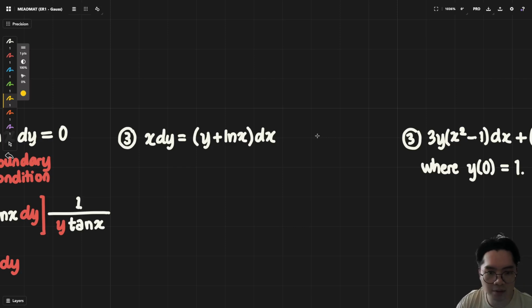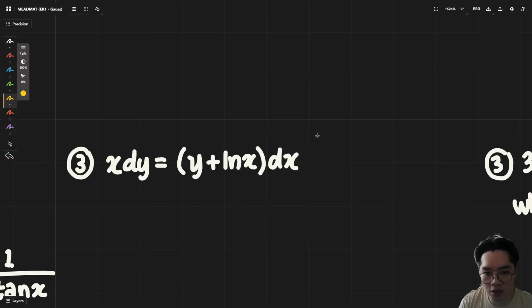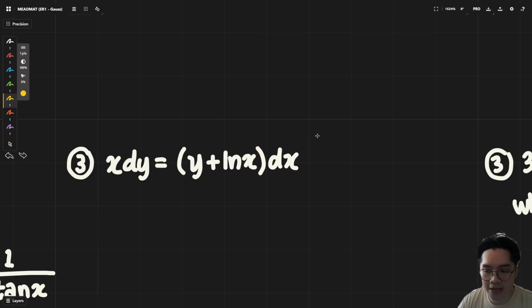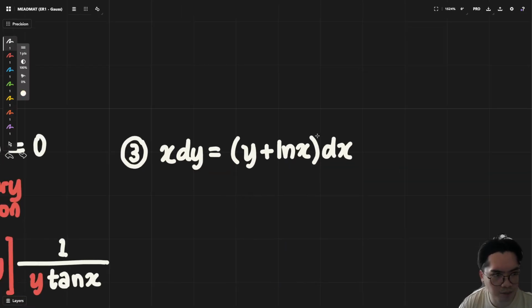Why is it not possible? Because if you're going to treat your x as your dependent variable, you will have here something that invalidates the linear differential equation, your ln of x. So we will have no choice but to just think about y as our dependent variable, which is indeed the default, right? This is going to be dy over dx.